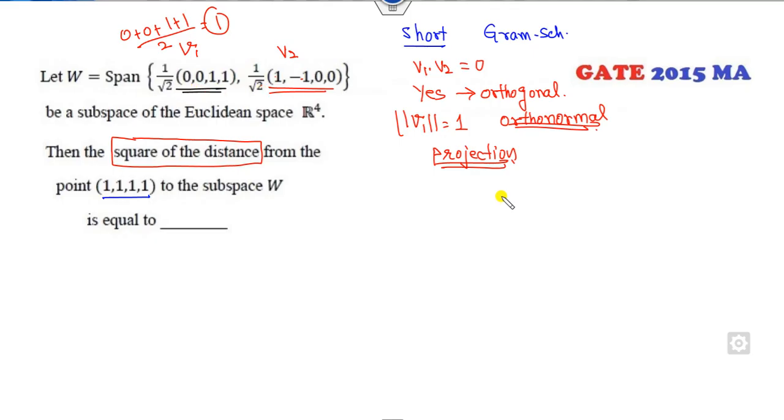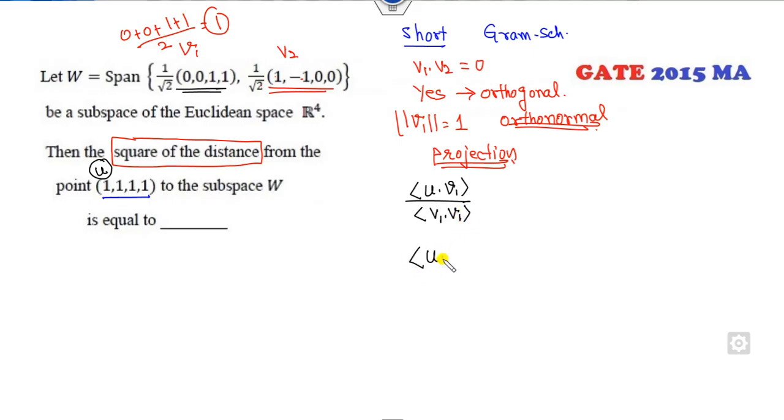You can find the 2 projections. If I consider this vector as v1, and I call this vector u, then you can find the projection as u comma v1 divided by v1 dot v1.